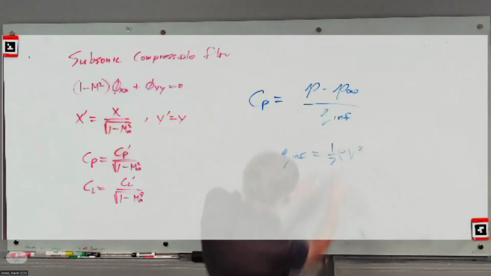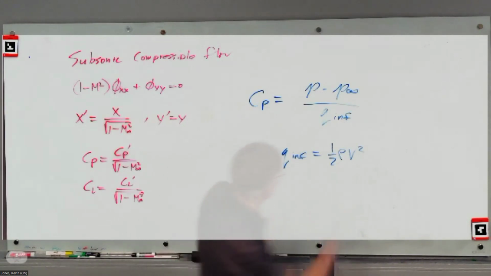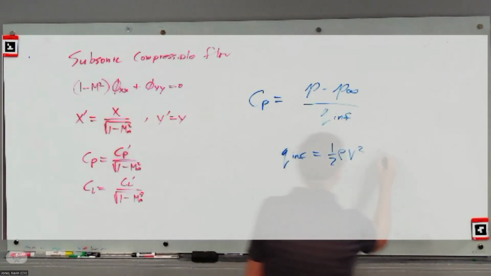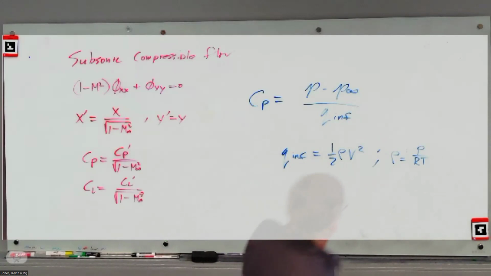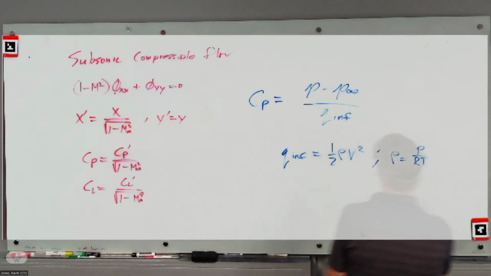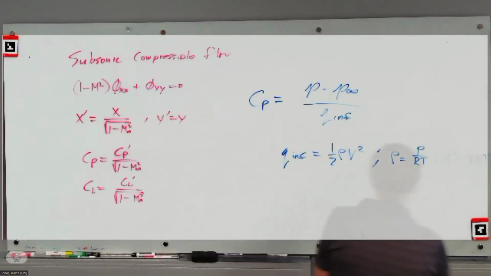We could compute rho infinity by going up to the inlet, but there's a little manipulation you can do. You have rho equals P over R T, and we also have a squared equals gamma R T. So that gives us a gamma up here, and it becomes a squared.